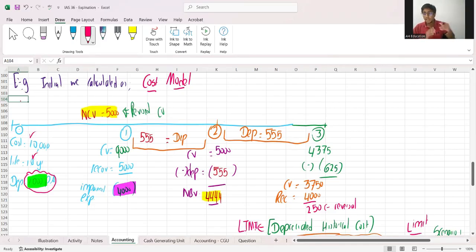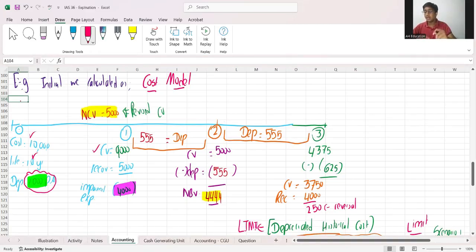Now you are moving towards your first financial year end. Obviously, your carrying value would be 9,000. How did I come up with 9,000? 10,000 was your initial cost, minus your 1,000 per year depreciation. You come up with your carrying value as 9,000.